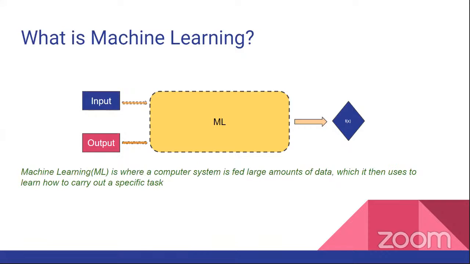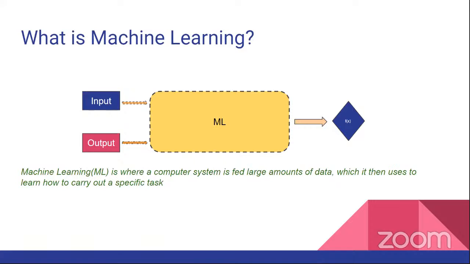For that, first the system should be able to learn. And how can we make a system learn? We make a system learn using the concept called machine learning. So what is machine learning?